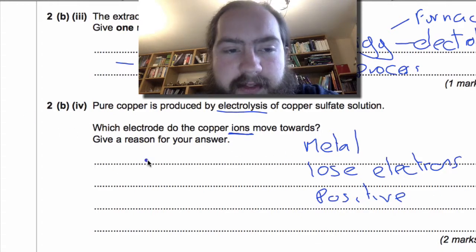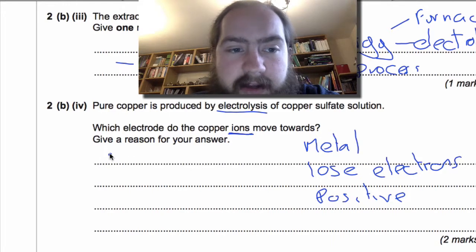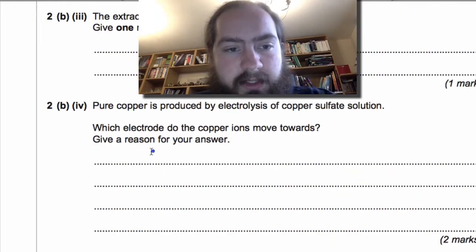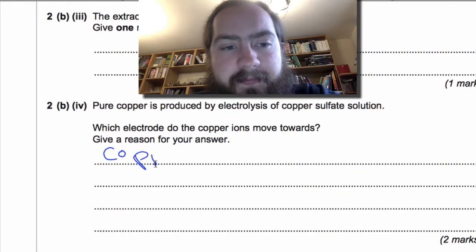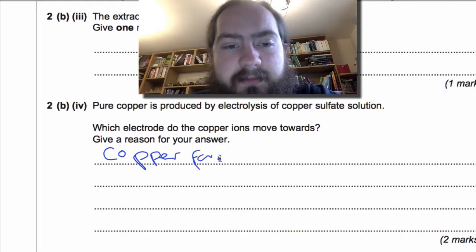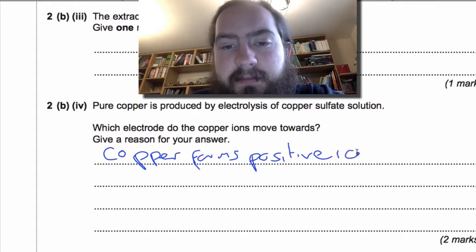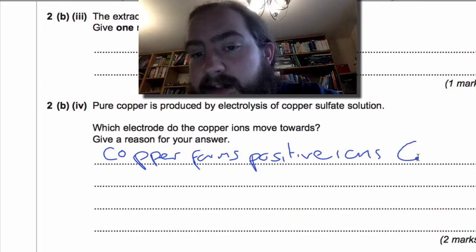So we know that copper forms positive ions, and those are actually Cu2+.